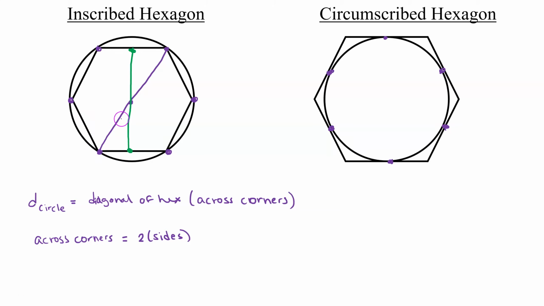And then something that you might notice is, okay, well, if this is double a side, this is also the diameter. If I take half of that, that's the radius of the circle, and half of this would be just one side. So the radius of the circle is equal to the side of the hexagon.